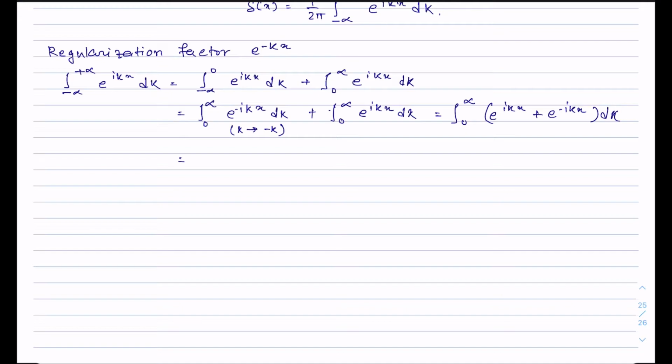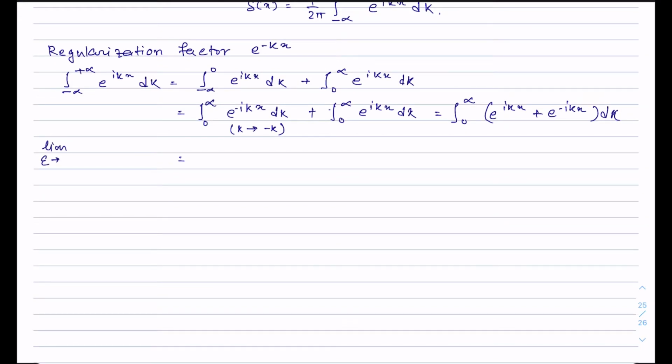You can argue that as epsilon tends to 0, e to the power minus k epsilon will attain the value 1. So you can multiply it with this expression. It will not affect this integration.